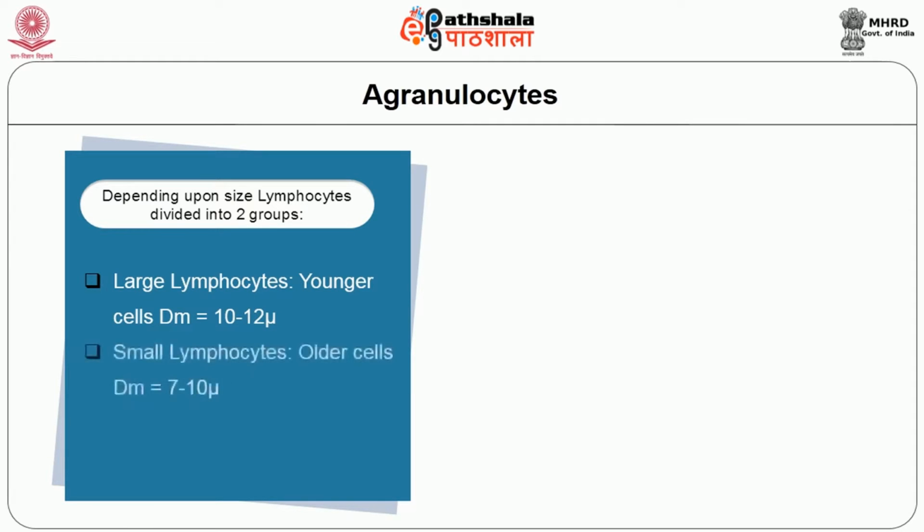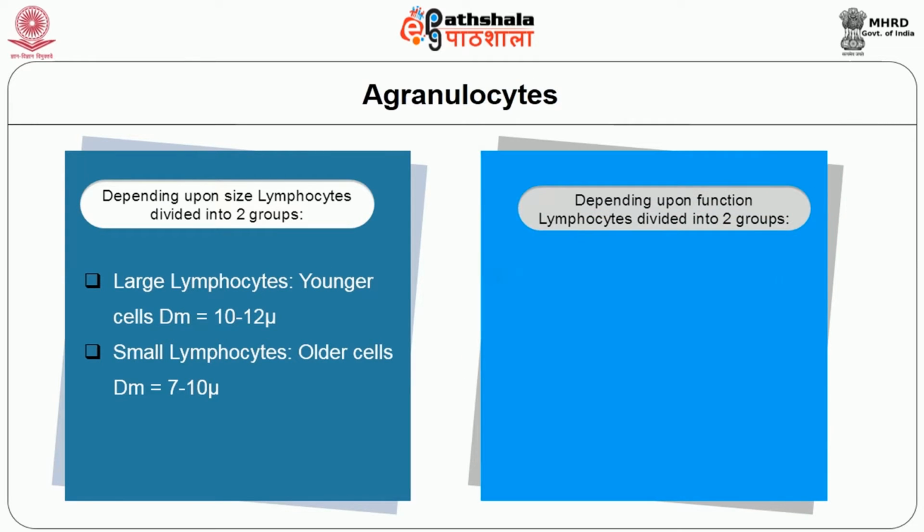And number two, the smaller lymphocytes, which are the older cells with a diameter of 7 to 10 microns. Depending upon the function, the lymphocytes are divided into two types. Number one, the T lymphocytes, which are concerned with cellular immunity. Number two, the B lymphocytes, which are concerned with humoral immunity.